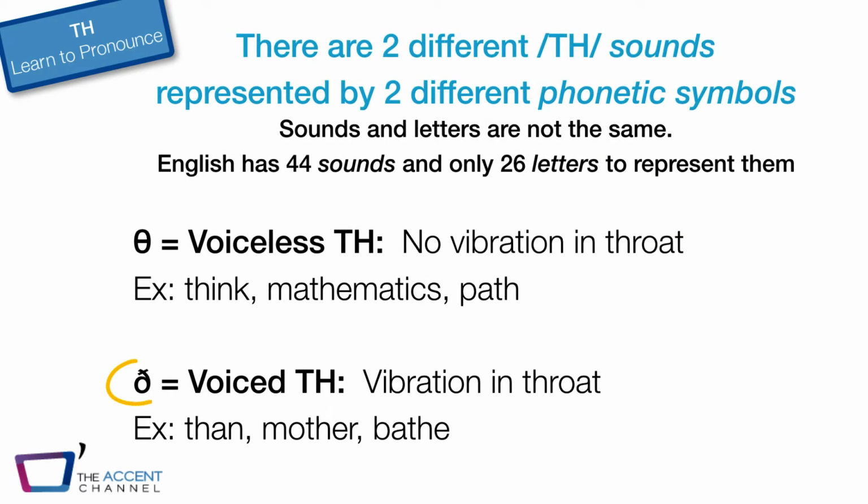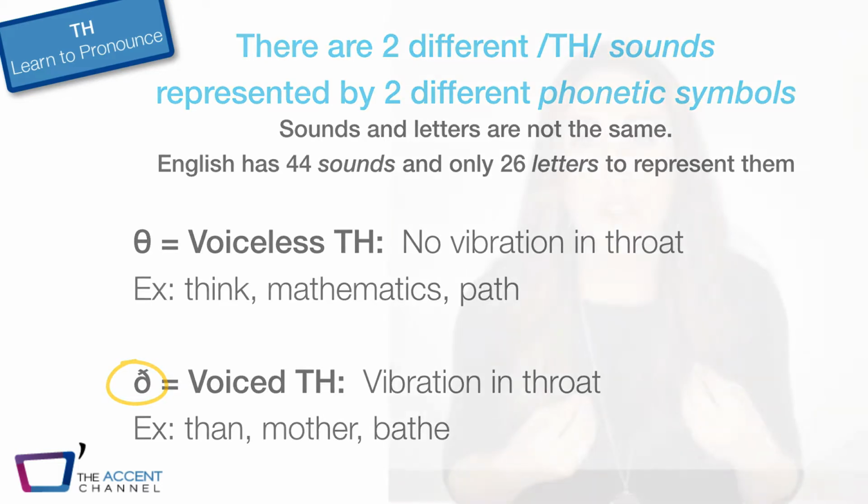Now, the voiced TH has exactly the same placement in the mouth, but we add what we call voicing, or that vibration in your throat. Again, you can feel it. Put your hand on your throat, same thing. Tongue between the teeth, a little more pressure on the upper teeth.